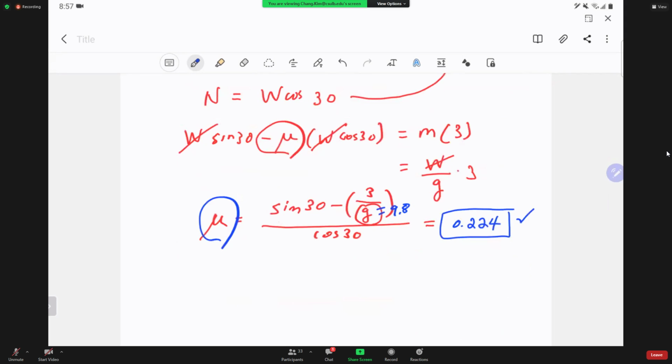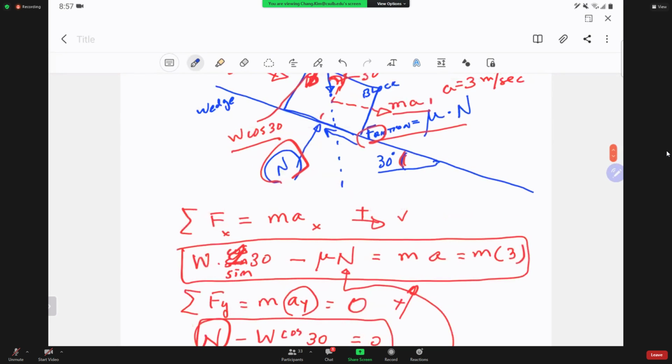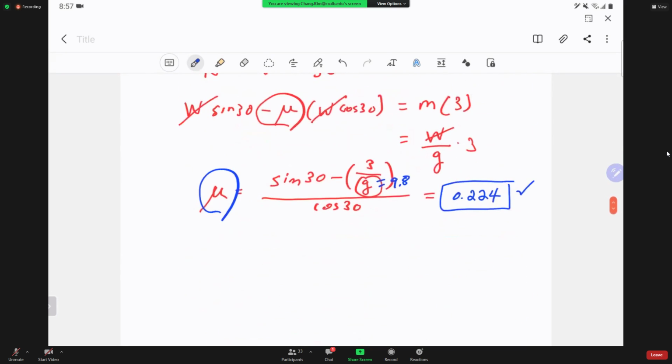Is mu unitless? Mu, let me see. In this case, yes. It's just a coefficient, the coefficient of friction. Okay, just making sure. All right. So that's how you do it.